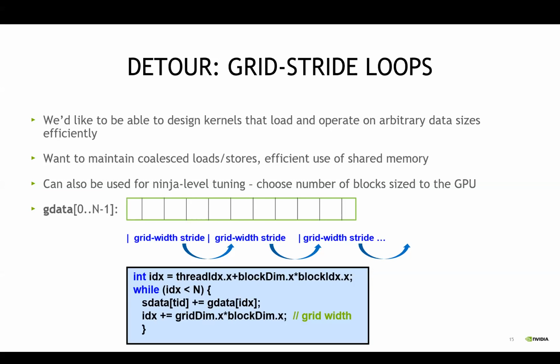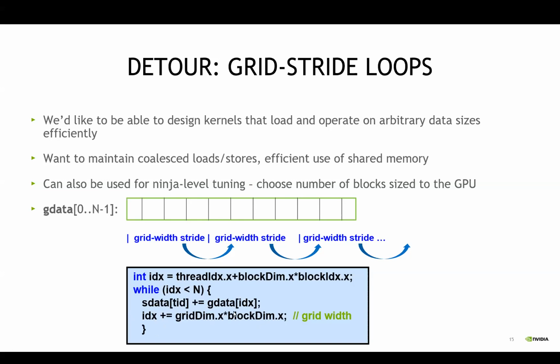If we look at what's actually going on in the loop here, this is applying a grid stride loop to a reduction operation. So you can imagine sdata is shared memory, tid is the thread index, idx is the global index, and for each stride of the loop, each thread is calculating its own running sum of a subset of the input data that thread is responsible for, and that running sum is contained in sdata[tid] for that thread.